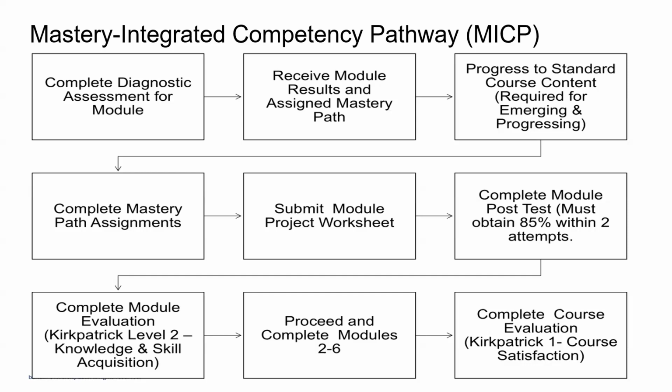If for some reason you don't make it in those attempts, it will just provide you with individual support so that you can take it again a few months later. Next, you complete an evaluation, and after that, you can proceed to the next modules or the next course in the cycle.